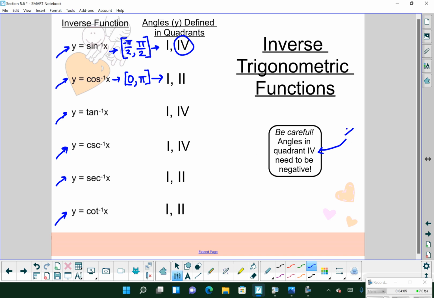So a little note to self to write down to the side: if you have an angle in quadrant 4, it's not going to be a positive angle, it's instead going to be a negative angle, something between negative pi over 2 and 0. Okay, so pause the video, get all of this information down in your notes, and then we're going to practice some problems using this information, calculating the inverse value of a trig function.